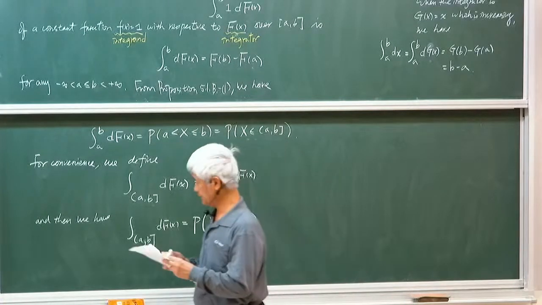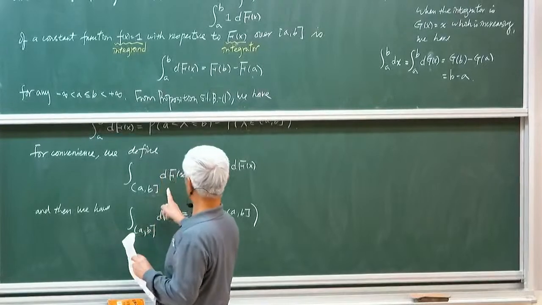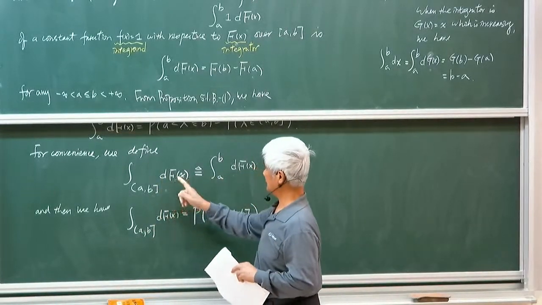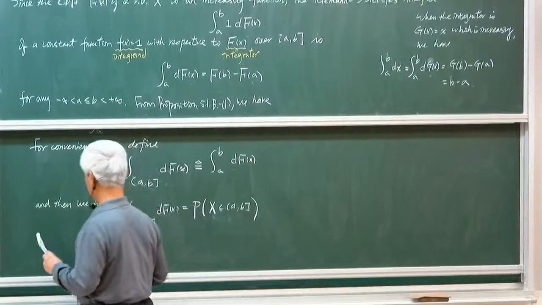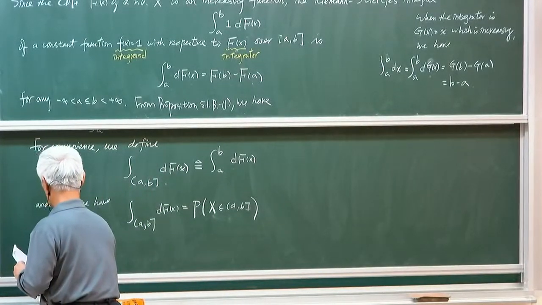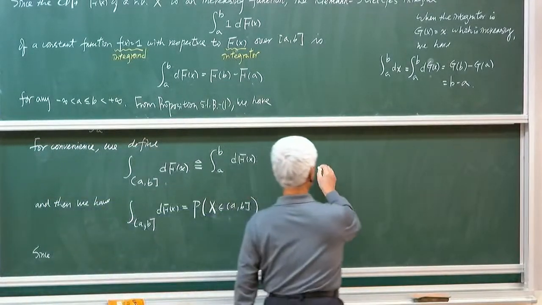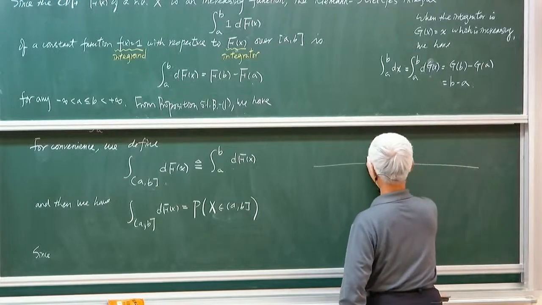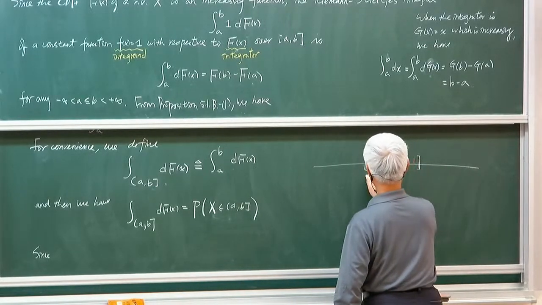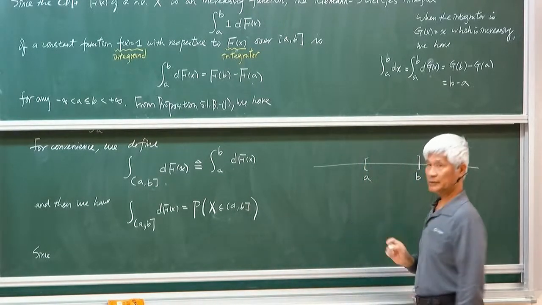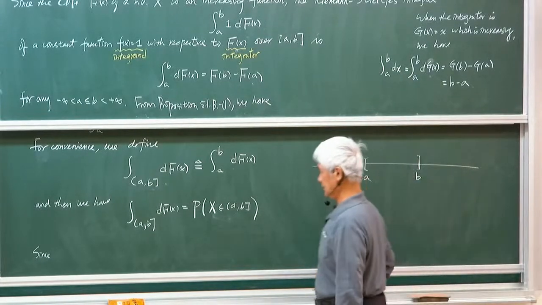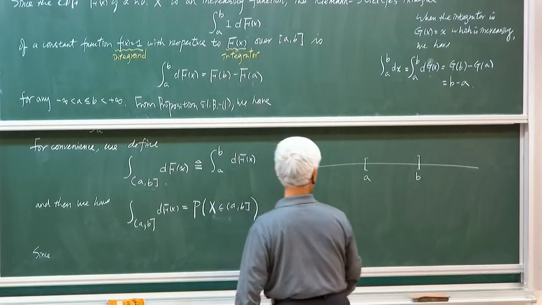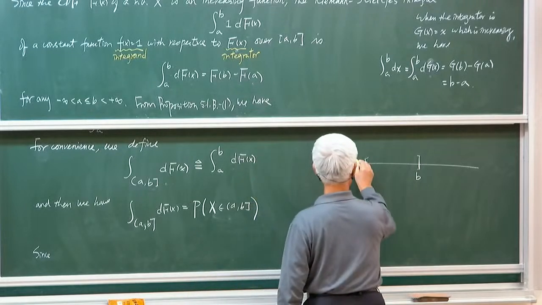Now, the power of this notation can be seen here. When we look at the closed interval [a, b], the closed interval can actually be obtained in this way.